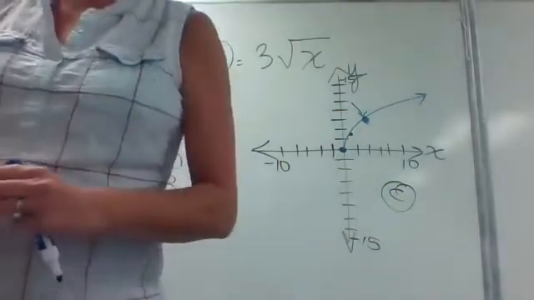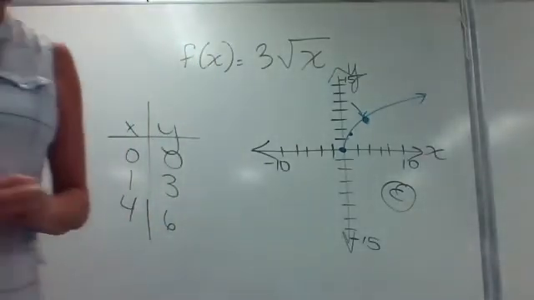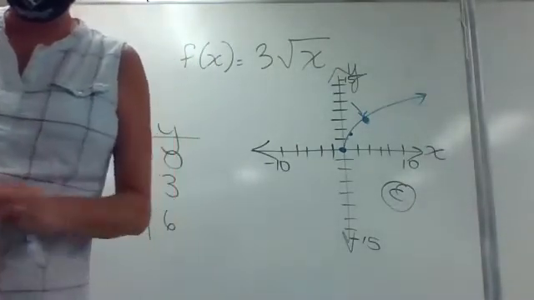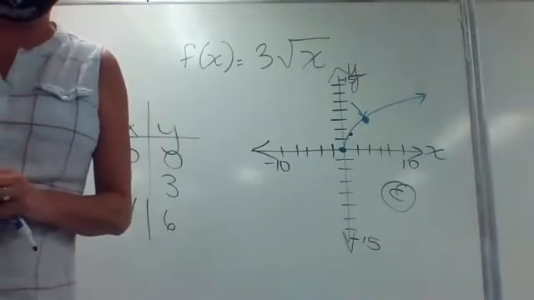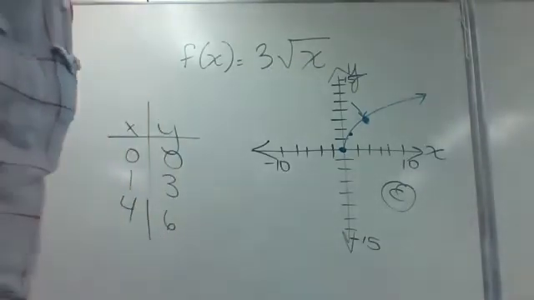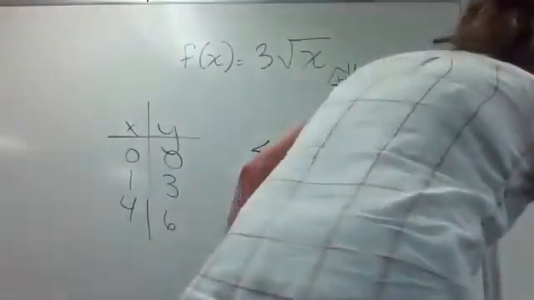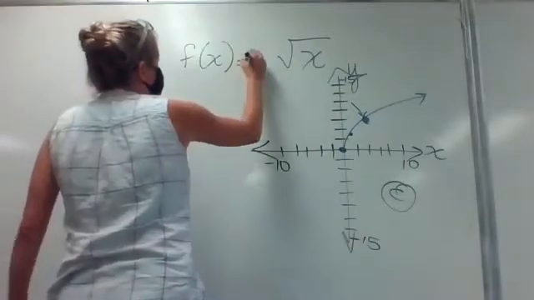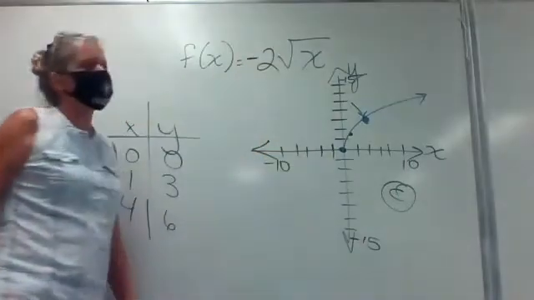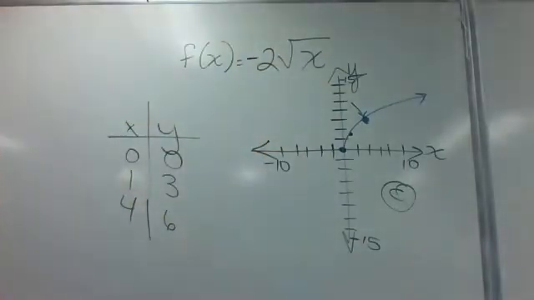Some of them you're going to be able to tell by just looking at the graph without having to plot points. Let's look at number 3. The function is f of x equals -2 times the square root of x.